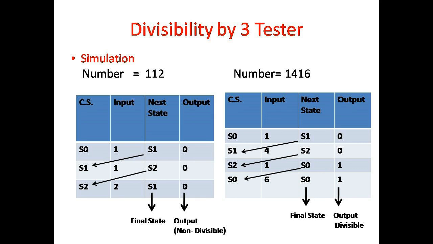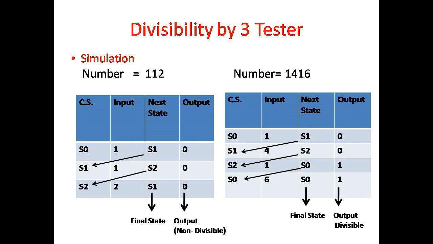The next state of the machine is S2 and it will produce the output 0. The current state of the machine is S2 and the input is 1, then the number becomes 21. If we divide by 3, it will produce the output 1 and the machine is in H0 state.